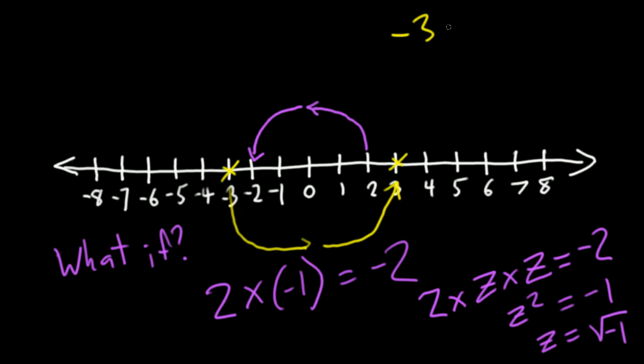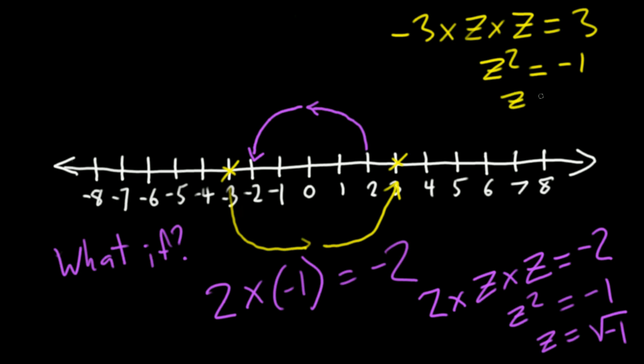So -3 times some mystery number z times z again should get us to +3. Okay, if we solve for z, we get z squared equals 3 over -3, which is -1. And so again, we find that z is equal to the square root of -1. It's consistent with the answer that we got trying a different case. That's a good indication that we might be onto something here.